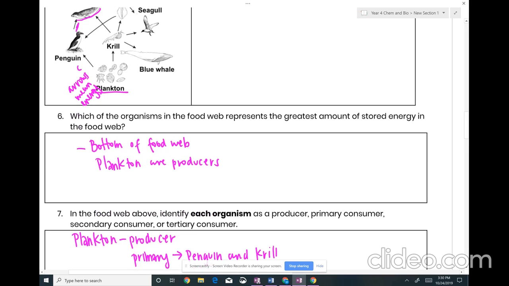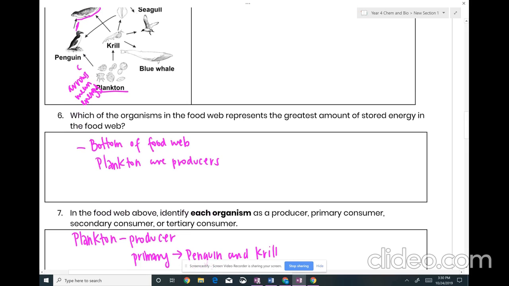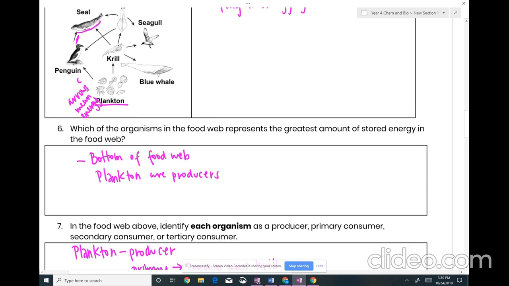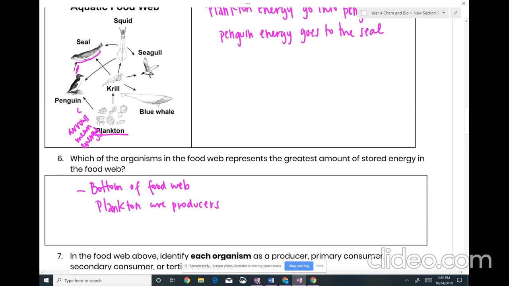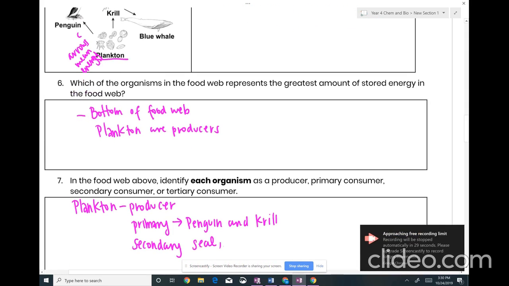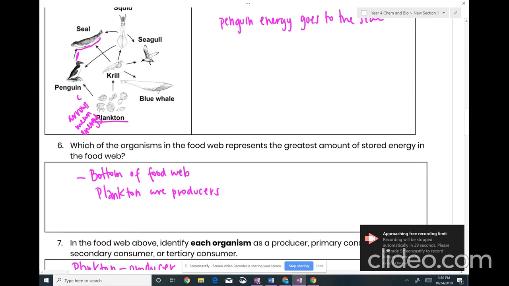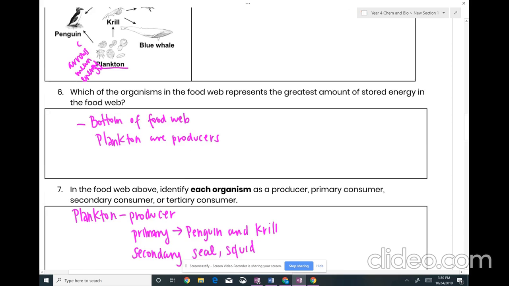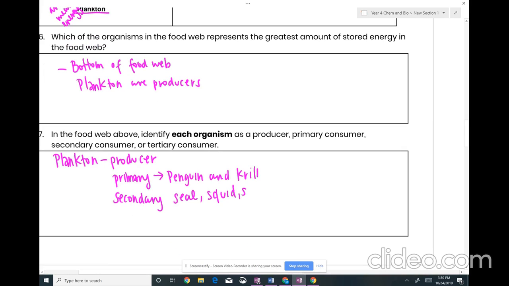The penguin, and there's no more arrows for penguin. Okay, so then I have my krill. My krill can go many different directions. I get my seal, squid, seagull, and whale. Whale. So those are all one on there.